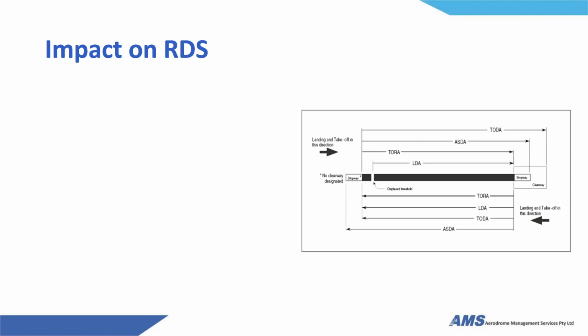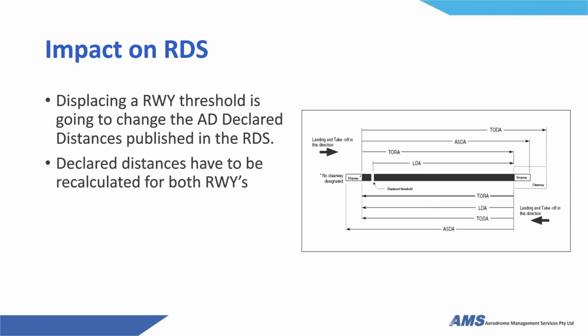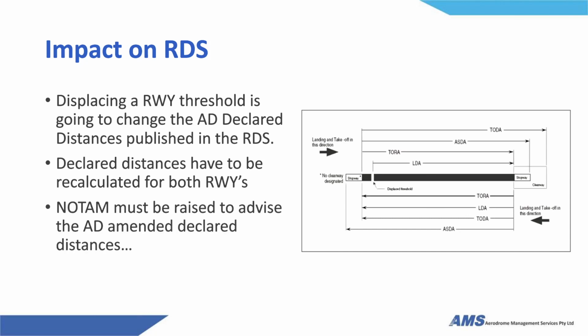So the impact on our RDS, or our declared distances. We have declared distances that need to be recalculated for both runway ends. A NOTAM must be raised to advise the aerodrome's amended declared distances.